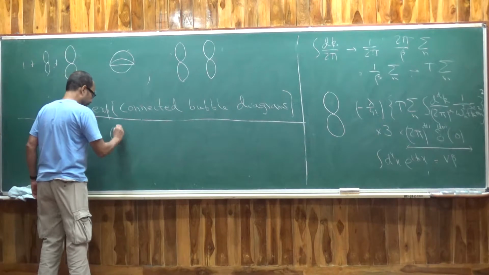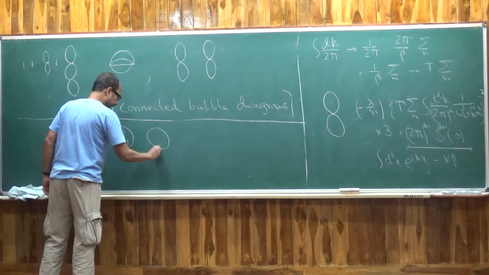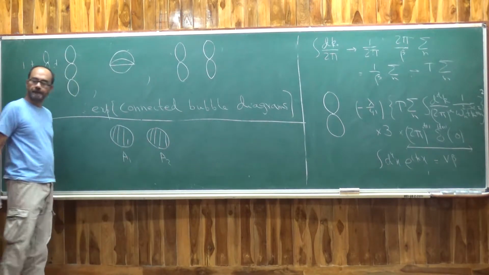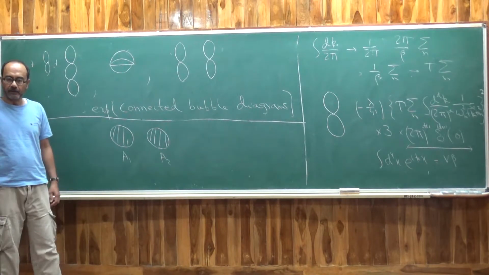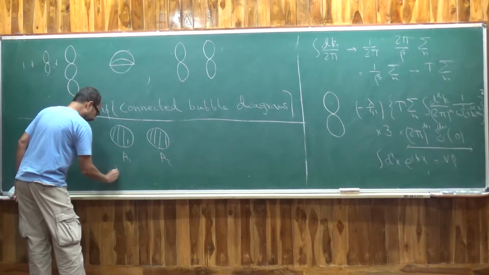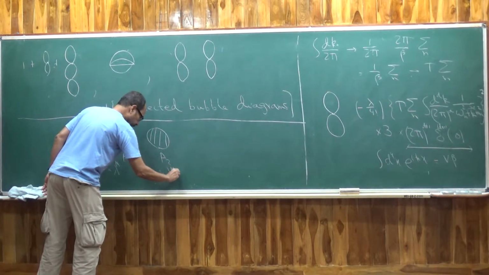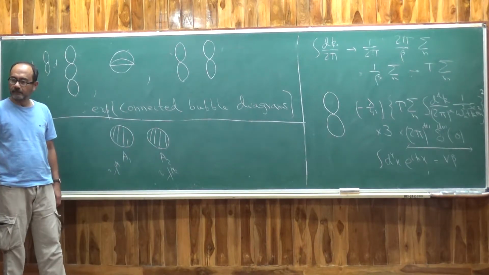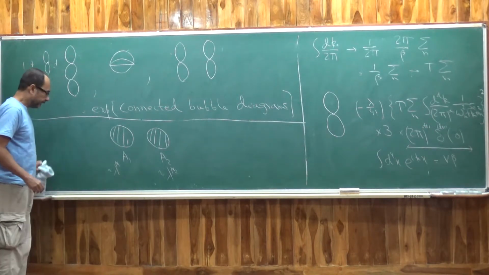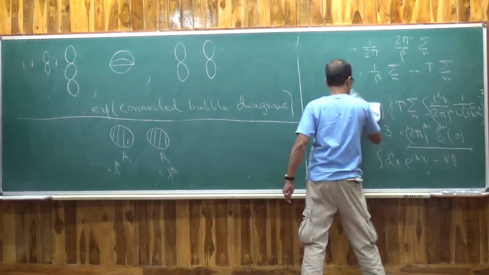Let's suppose we have a diagram with two connected components, a1 and a2. a1 is of order lambda to the n1, and a2 is of order lambda to the n2. Let me write down explicitly the form that we will assume.